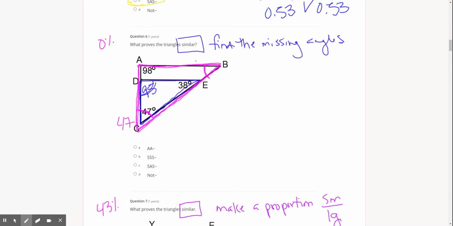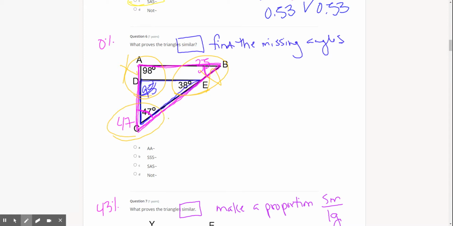35? I think so. So how many of those angles match? Did the 95 and the 98 match? No, they don't. So I can't call that an angle pair. Did the 38 and the 35 match? Nope. So I can't call that an angle pair. Does the 47 and the 47 match?